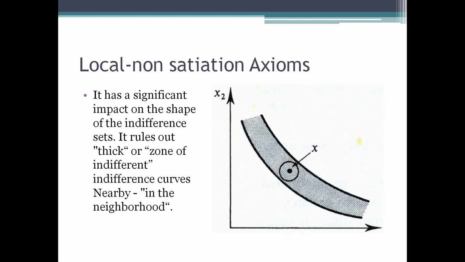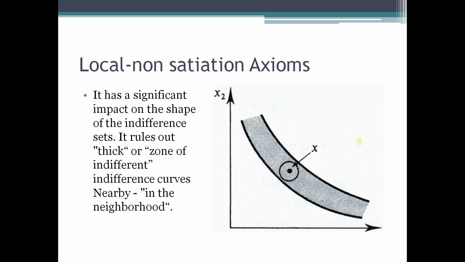Let's assume so. An indifference curve is what? Can we say that both together are the same indifference curve? No. It's either one of the two black bold curves as the indifference curve, but not both of them. So this axiom rules out the idea of having a thick or zone of indifference curves.